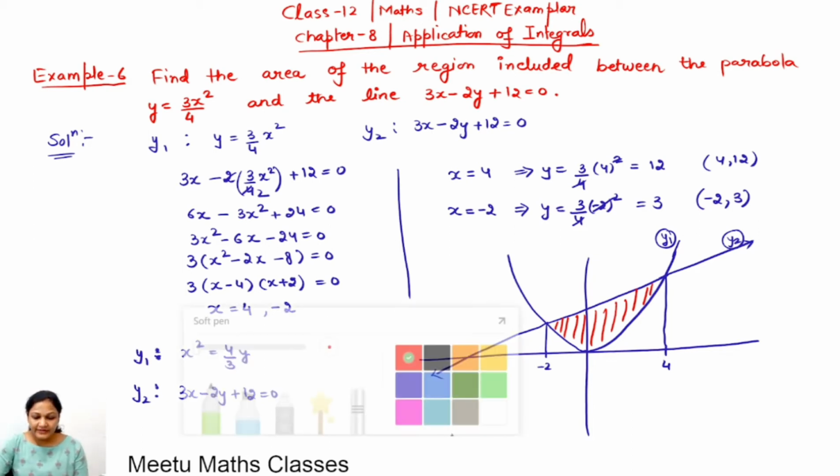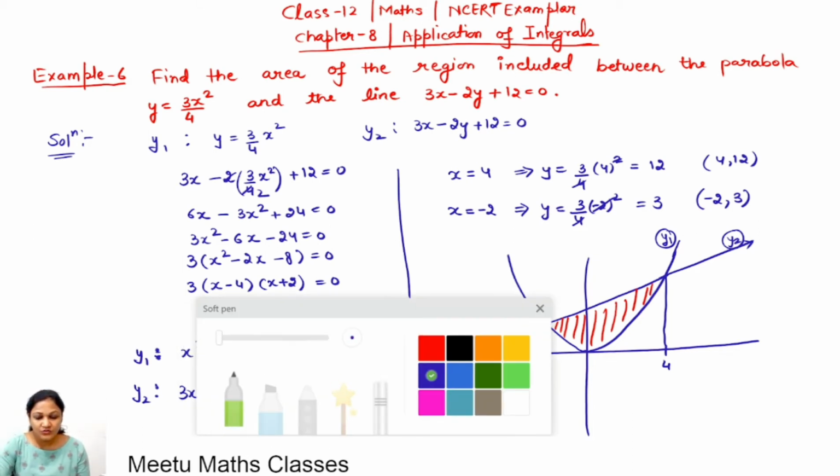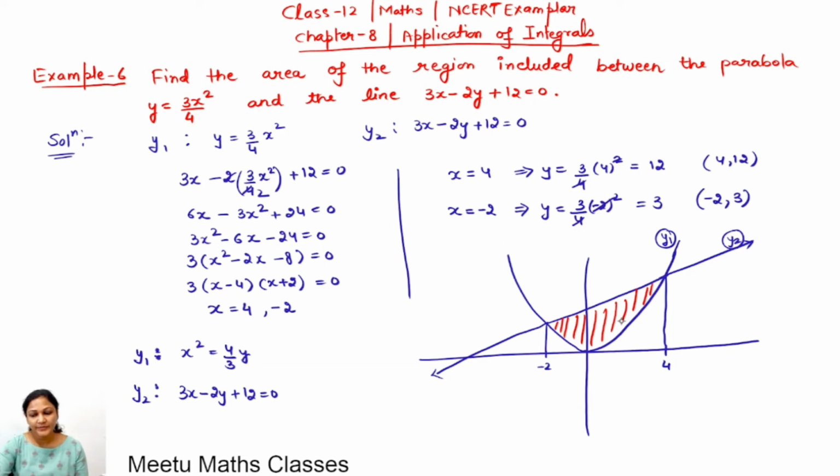Now to find the area of the shaded region, we can integrate this line function in between minus 2 to 4 first, and then we can subtract the area of the y1 function in between minus 2 to 4.